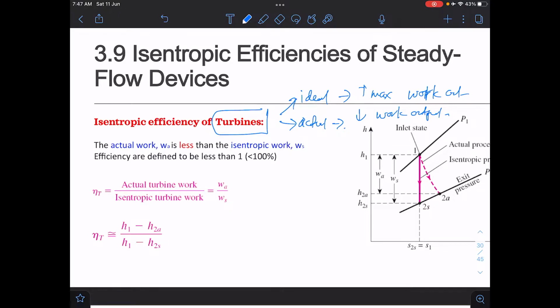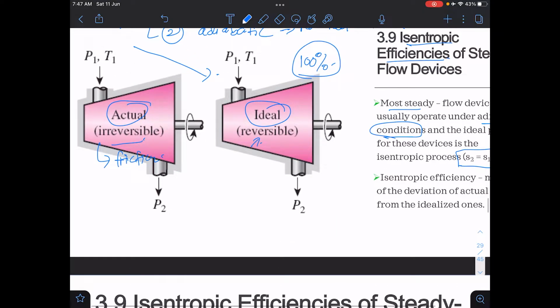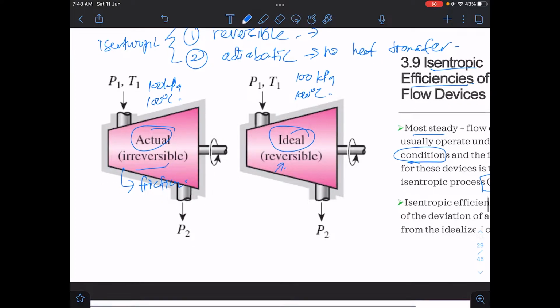When we want to analyze these two variations, actual and ideal, for example, if you have the same value of properties, let's say pressure 100 kPa and temperature 100 degrees Celsius, the same for the ideal one, only the output will be different.